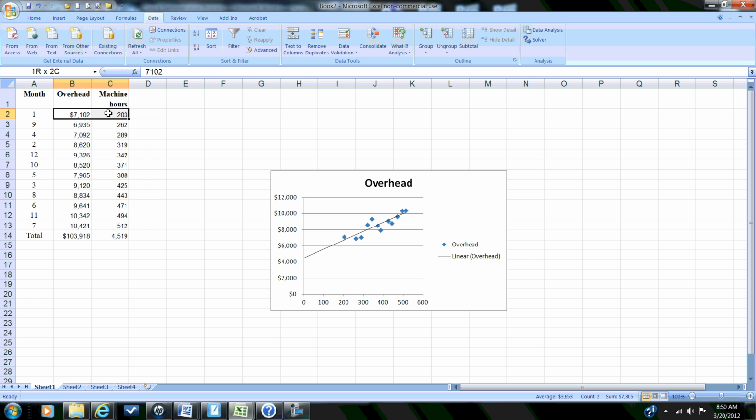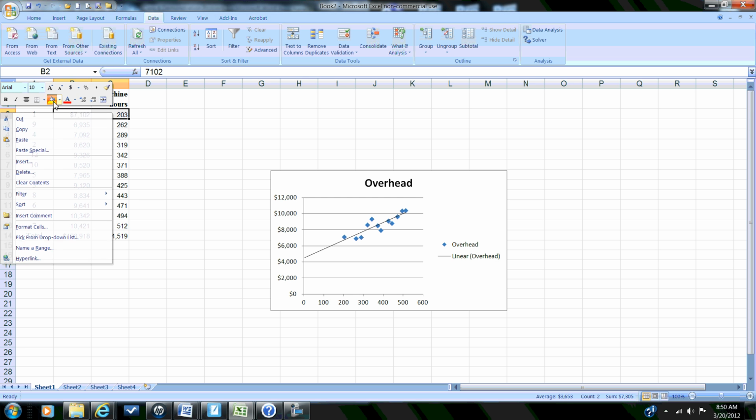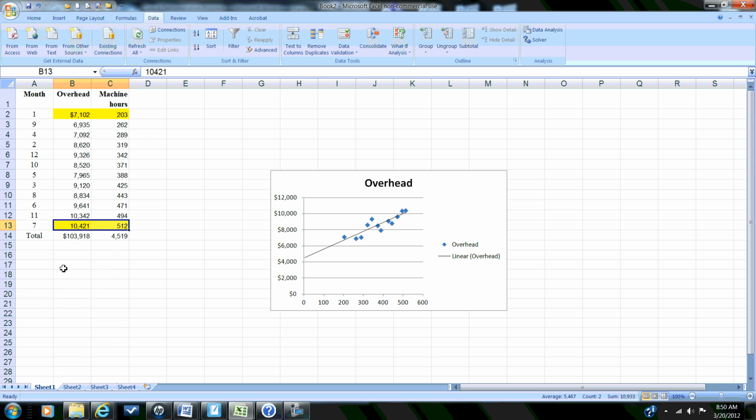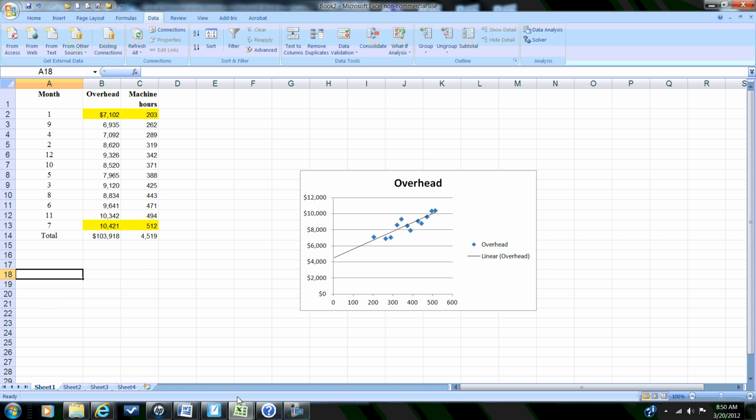So we're going to be using our low and our high in our analysis. The first thing we need to do is to determine our variable cost per hour, and the variable cost per machine hour is going to be determined by looking at two things.